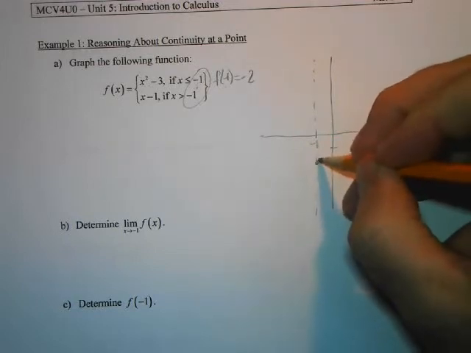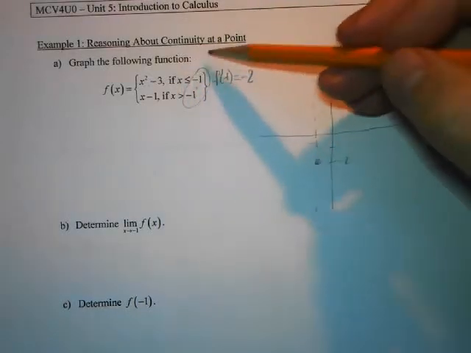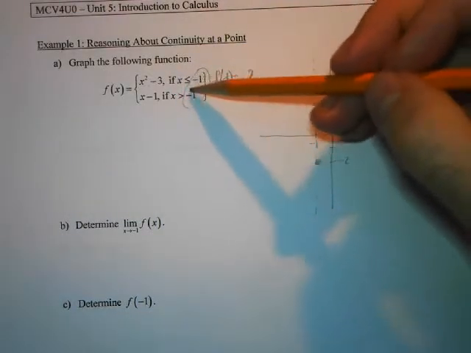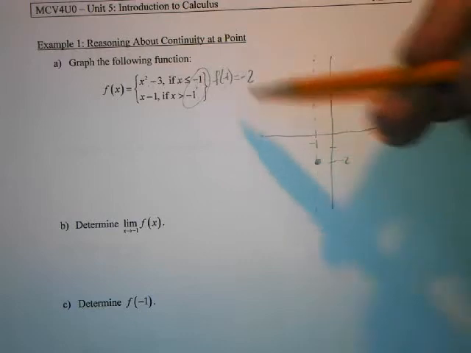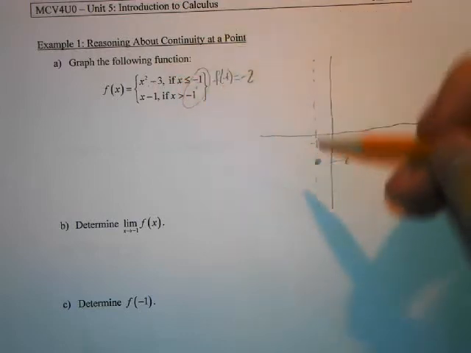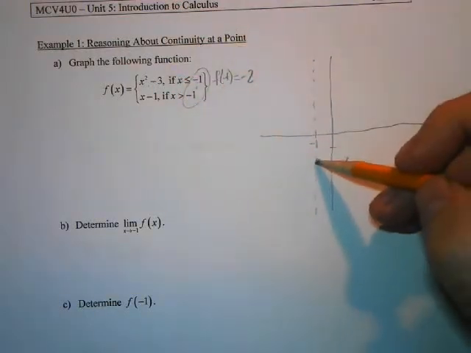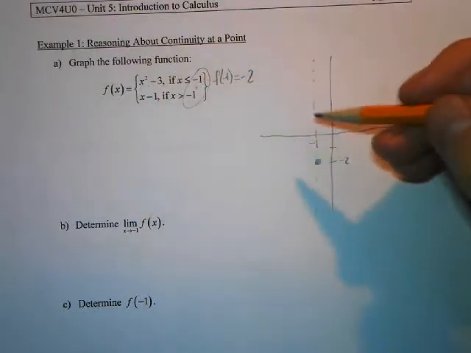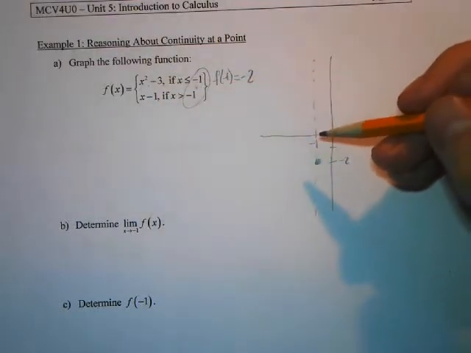So that point there, and I can make it a closed circle because we're using that branch for when x equals -1 as well, and everything below. So basically to the left of this will be the function x squared minus 3.